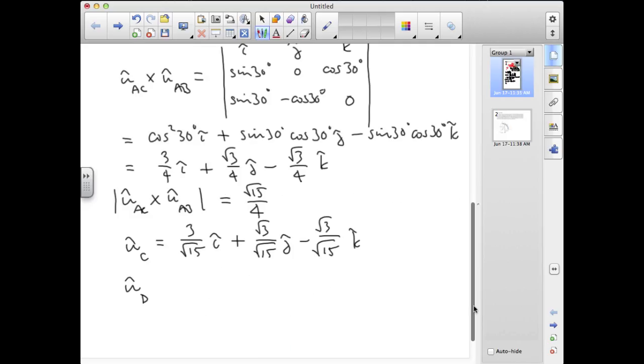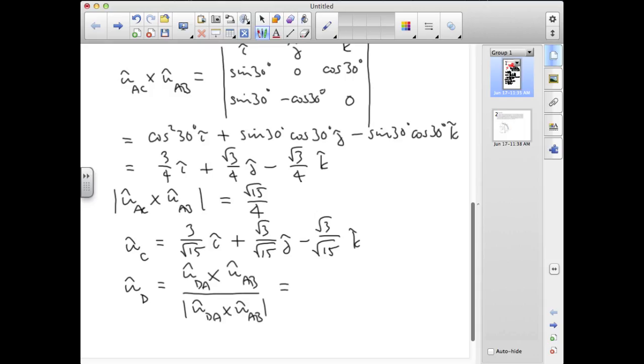We could carry out the same operations to get the unit vector d on the left-hand side. We would get that from UDA cross UAB over that magnitude. And I won't carry through those details here, but it's going to look very similar to the result we got for UC. Here the only thing that changes are one of the components, that being in the k direction.